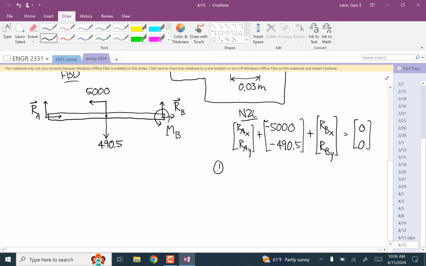So we have a first equation that says RAX plus RBX is equal to 5,000. And a second one that says RAY plus RBY is equal to 490.5.